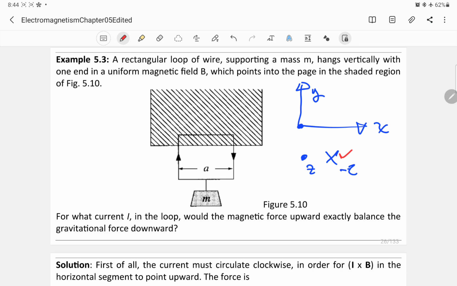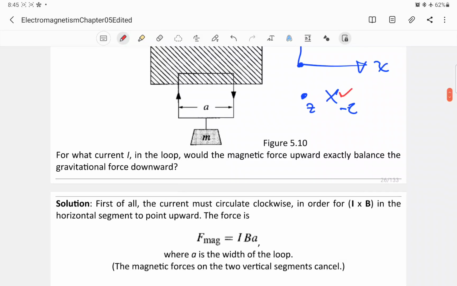For what current I in the loop will the magnetic force upward exactly balance the gravitational force downward?